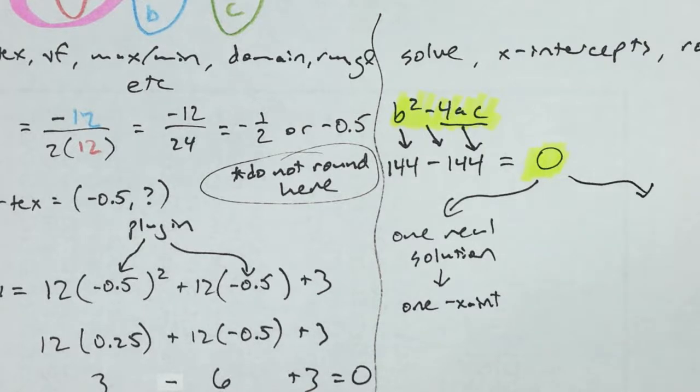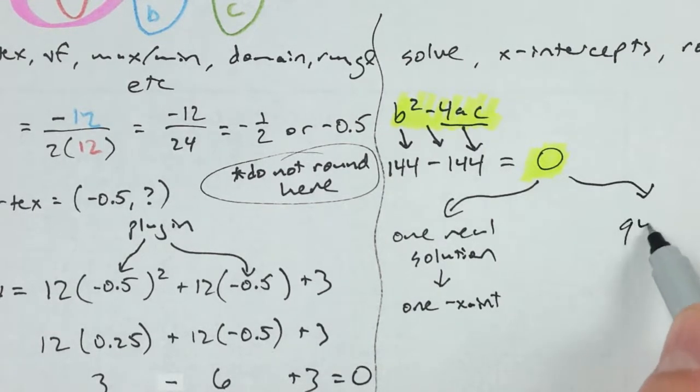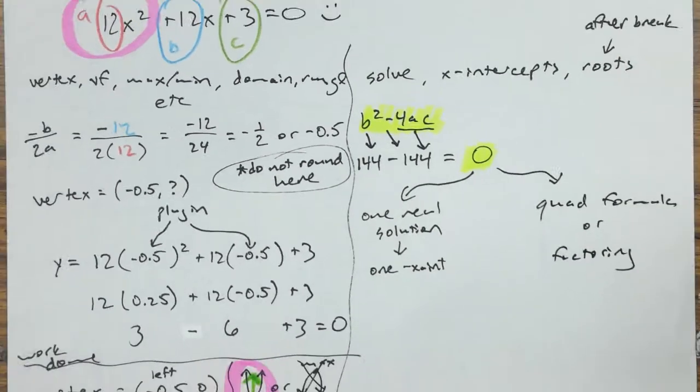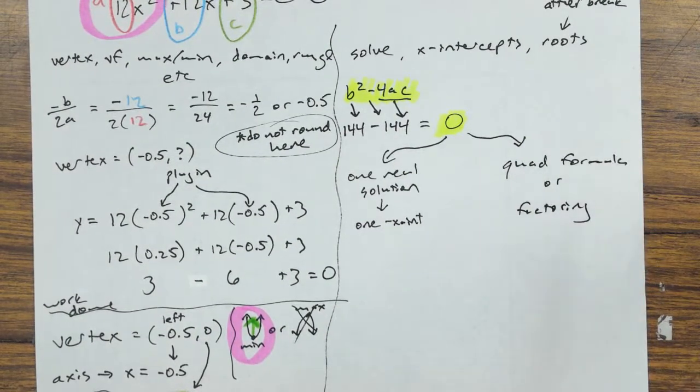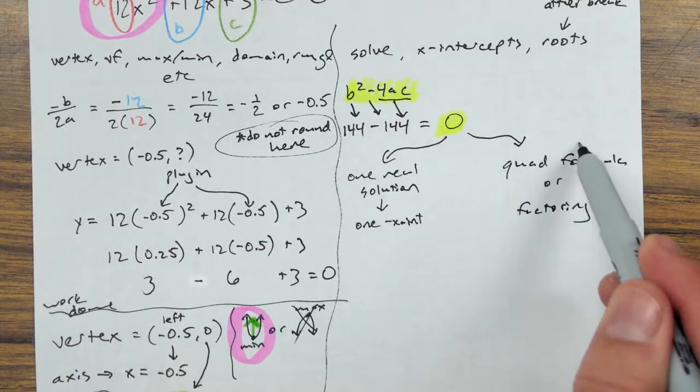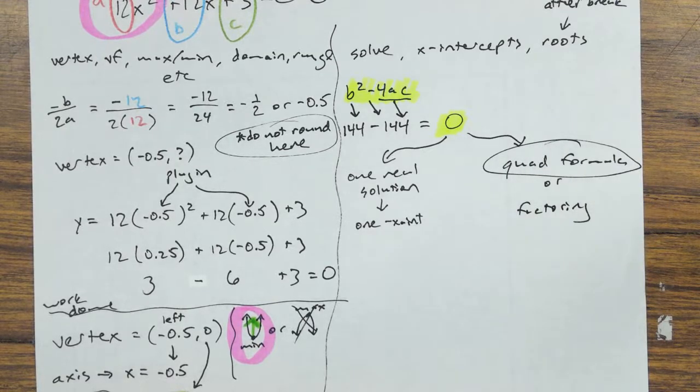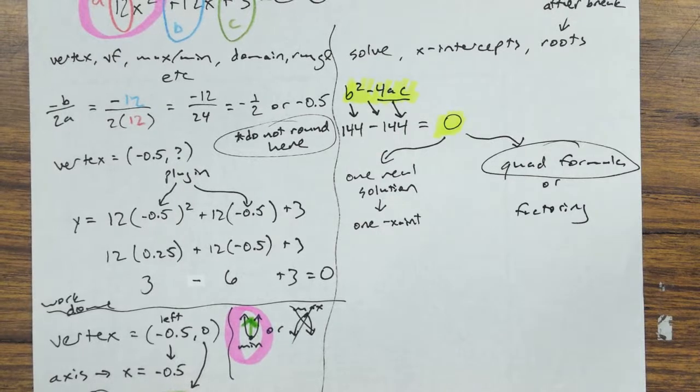And that 0 is going to tell us we have the option to use quadratic formula, or we have the option to do factoring. But honestly, because we've done all the work that we've done so far, I will personally always choose quadratic formula, but if you want to try to give factoring a shot, you can.